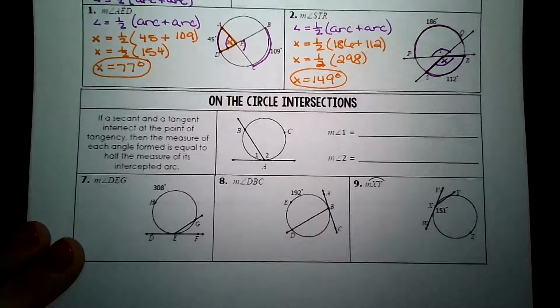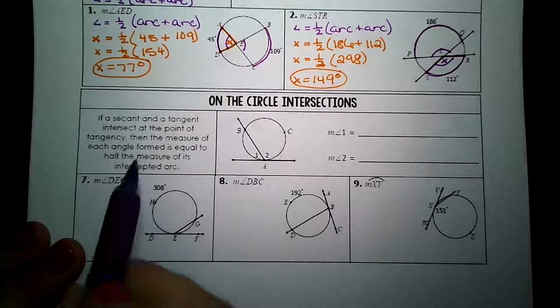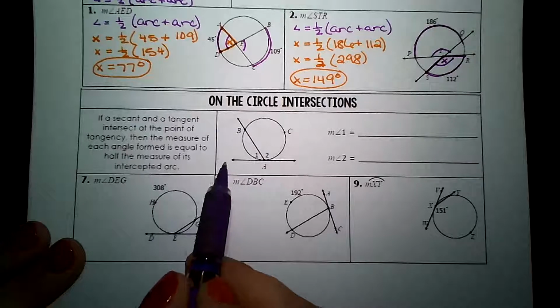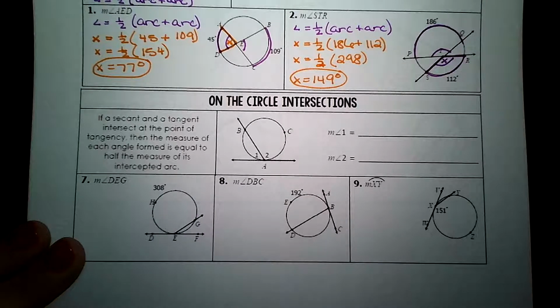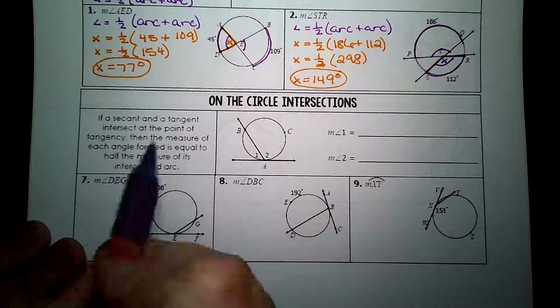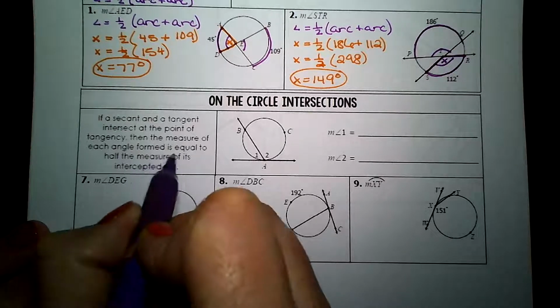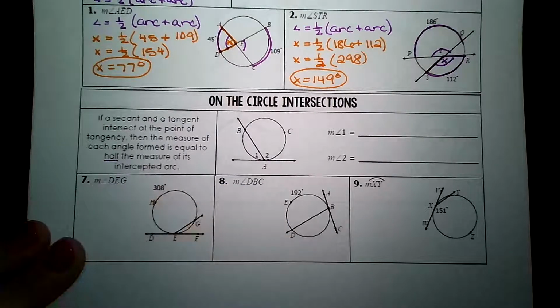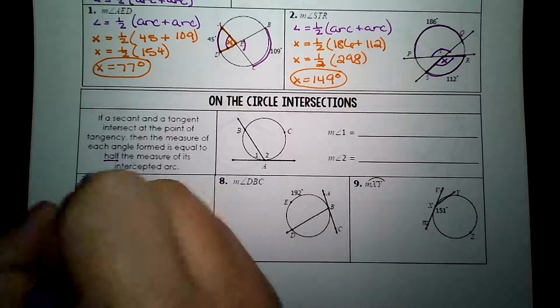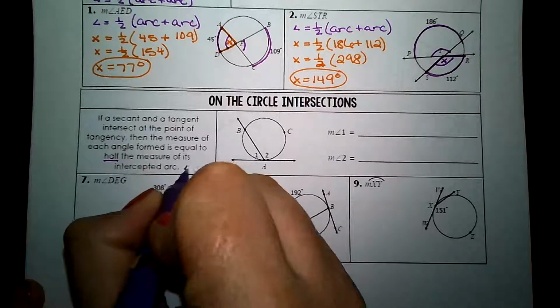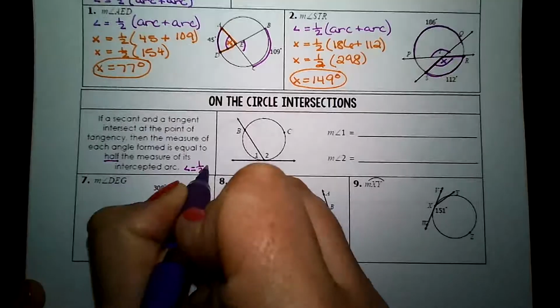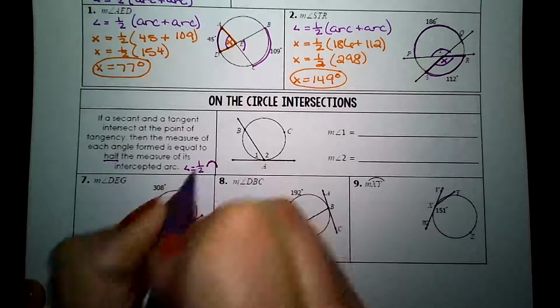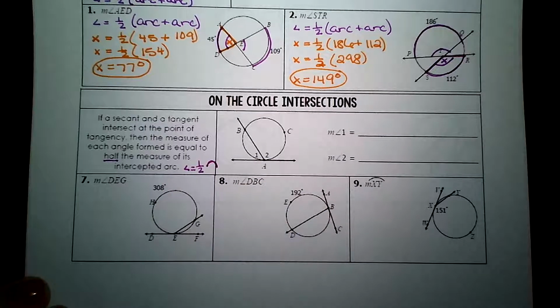But we're actually catching a break, because what we have created here is just like an inscribed angle. It says the measure of each angle formed is equal to half the measure of the intercepted arc. So this is just like an inscribed angle. The angle is equal to half the arc, just like with the inscribed angle.